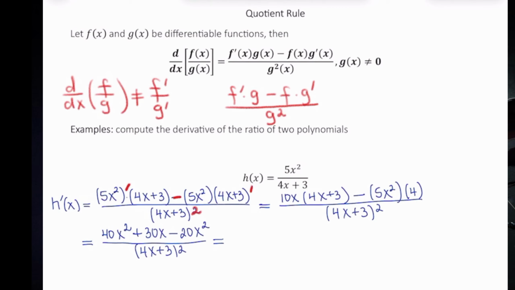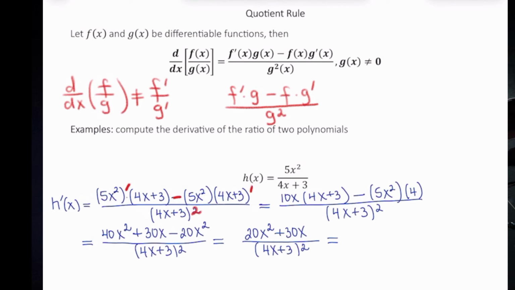And now the last step is to combine like terms. So the final answer should be 20x squared plus 30x over 4x plus 3 quantity squared. You can stop right here. There is no need to multiply this through the expression in the denominator. If you would like to do it, that's completely fine.